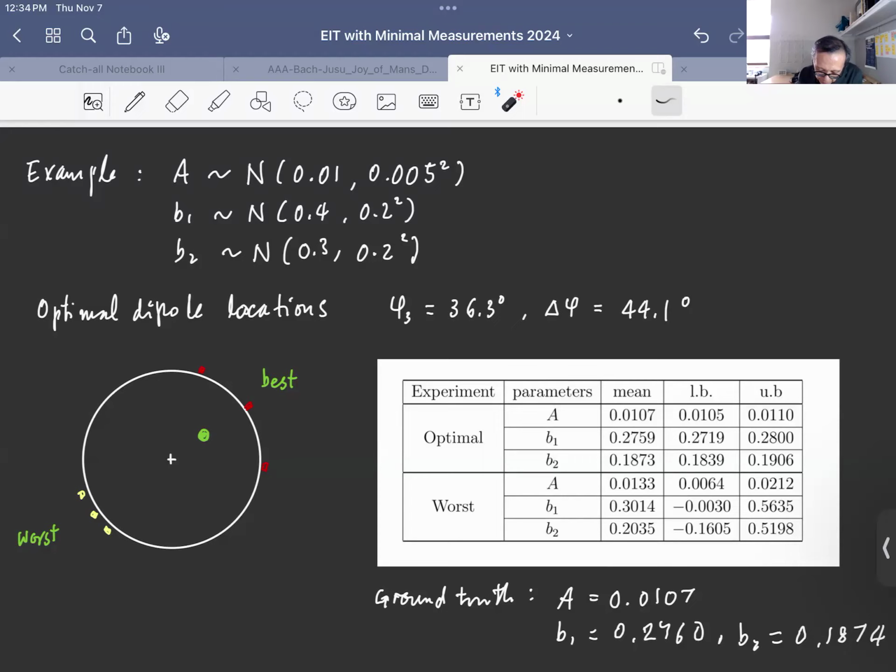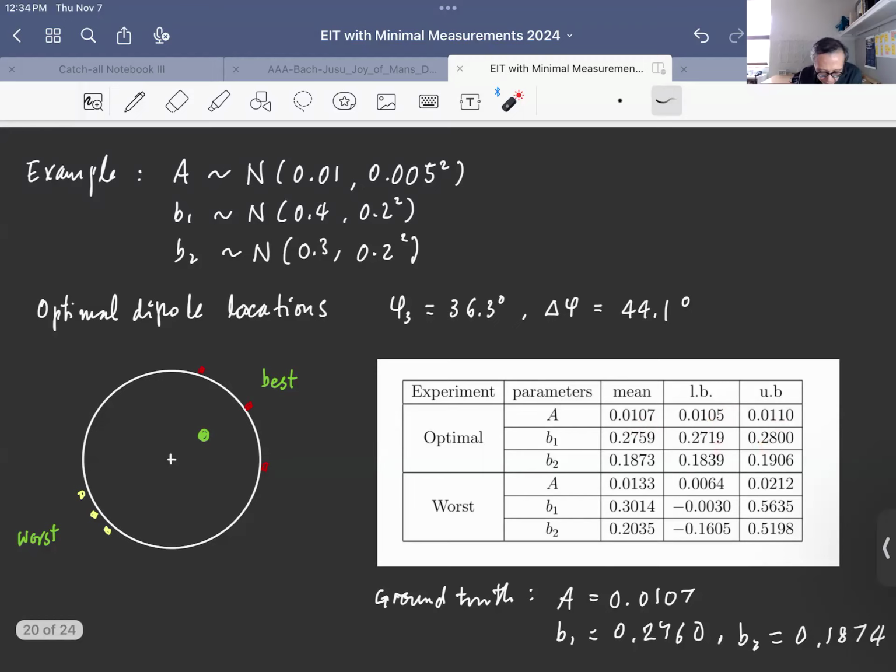The confidence bounds are very small. It's between 0.0105 and 0.0110. So it says that the area is between the lower bound and this upper bound. And then B1 and B2 also have very tight lower and upper confidence bounds.